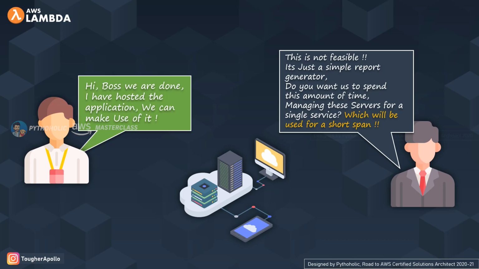Your boss went ahead and rejected this, saying, "This is not feasible. It's just a simple report generator. Do you want us to spend this amount of time in future as well, managing these servers for a single service, which will be used in short spans?" There was nothing wrong with the product and the API service. The users would still be able to make use of the service, but the thing that would get affected is the efficiency of the platform and the infrastructure maintenance.